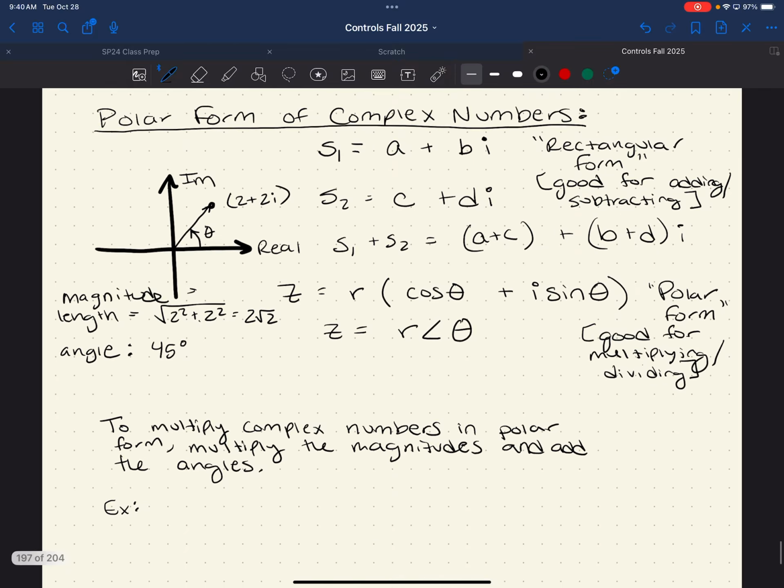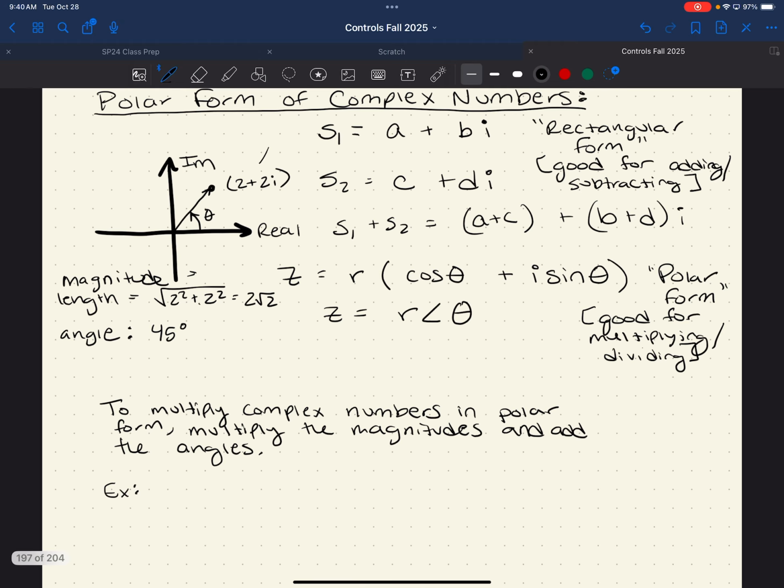Okay, so if I wanted to write this complex number in polar form, I would say that 2 plus 2i is equal to 2 root 2 angle 45 degrees. Okay, so these two things are equivalent.